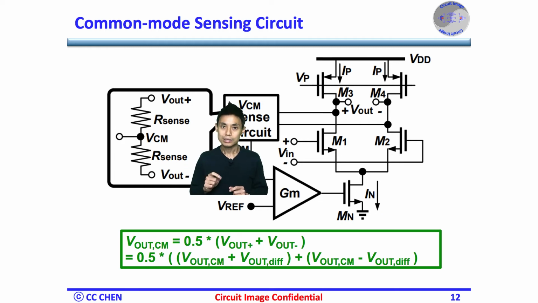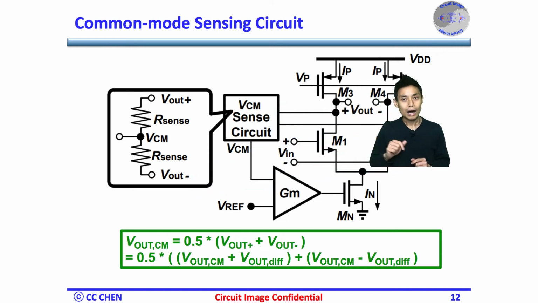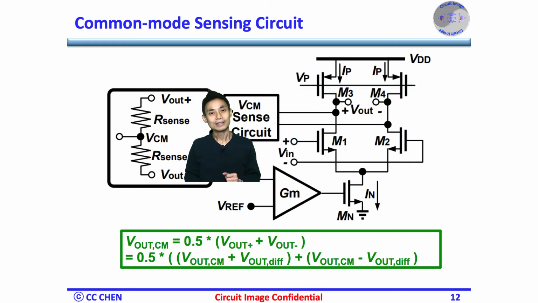If the sensing resistor Rsense is greater than the amplifier's output impedance by more than 2 orders of magnitude, the Rout of the amplifier will be almost the same, and the amplifier's gain is maintained without being loaded by the common mode sensing. On the other hand, the output common mode voltage is extracted by taking the center tap of those 2 resistors. Easy.